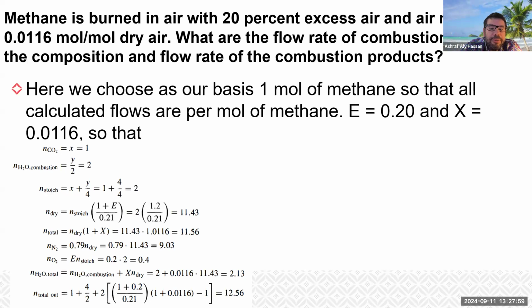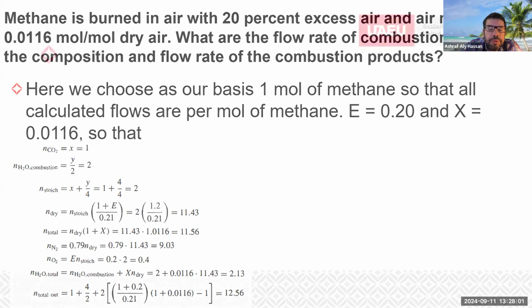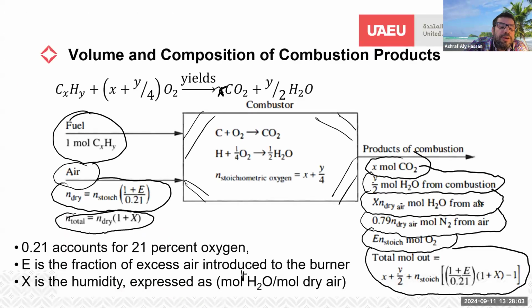Let's look back here. E is equal to 0.2 and X is equal to 0.0116. And assuming 1 mole, we can really calculate what is N dry, we can calculate N total, we can calculate how much CO2, how much H2O.